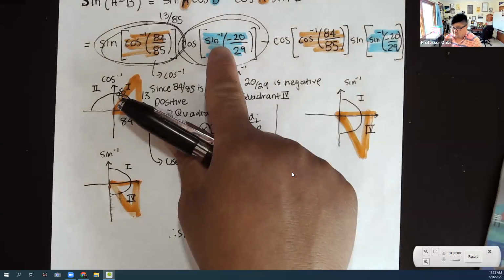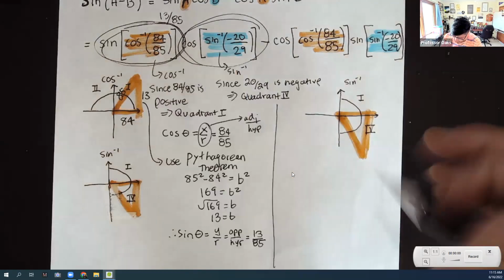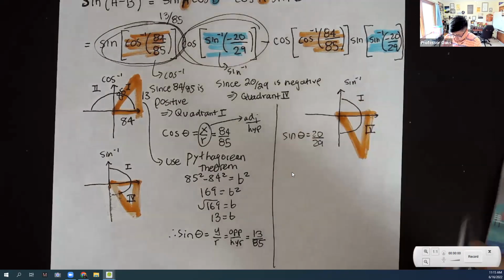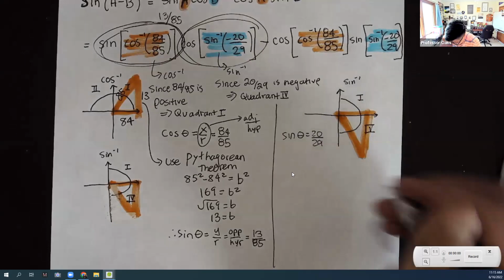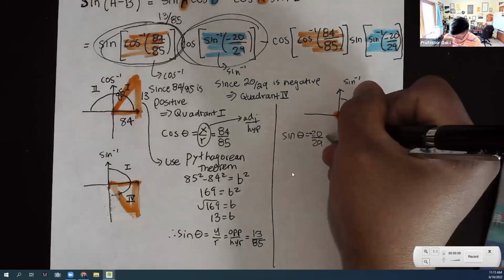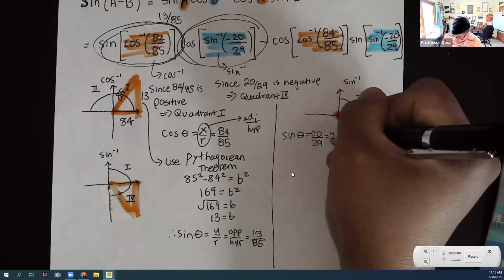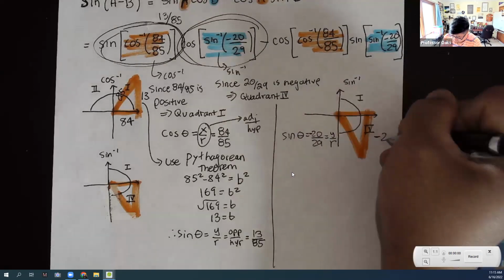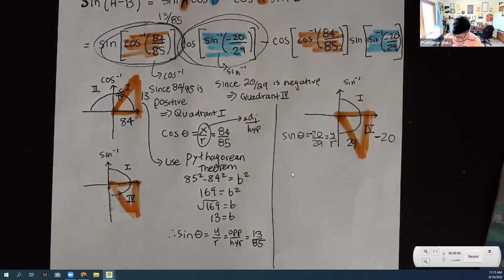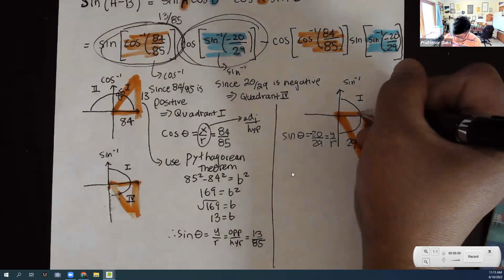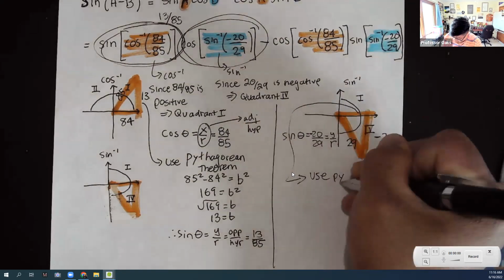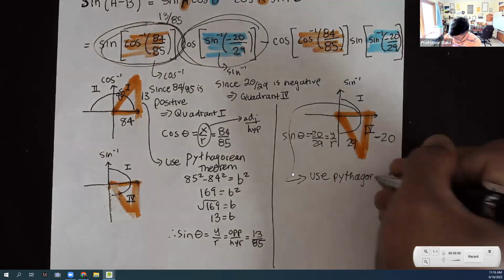So the sine of theta will be the 20 over 29. But remember that, oh, sorry, negative 20 over 29. So that will be the y over r. So this will be negative 20 and this will be the 29. And then you can use the Pythagorean theorem for this side right here.